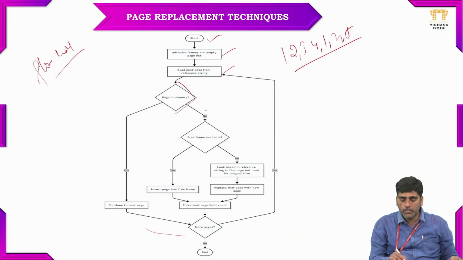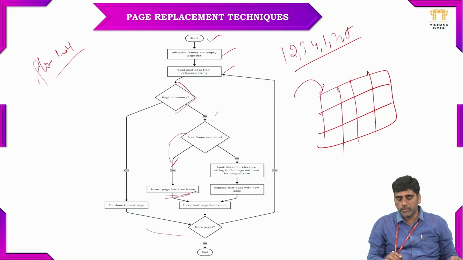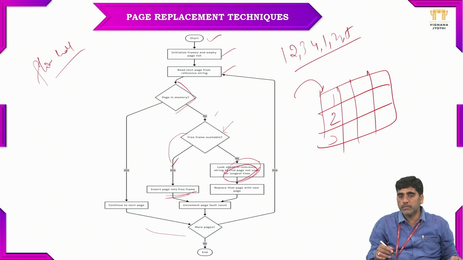If the page is not available in the memory, check first whether a frame is free or not. If a free frame is available, insert the page into the frame. If free frames are not available, that means they are already filled with some pages, look ahead in the reference string to find the page that will not be used for the longest period of time.